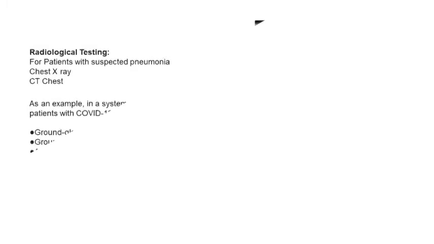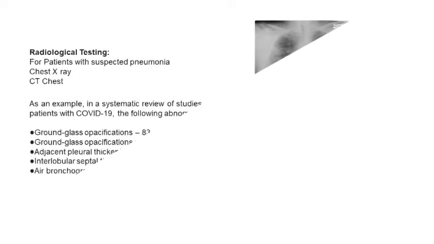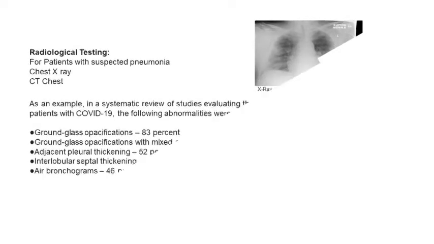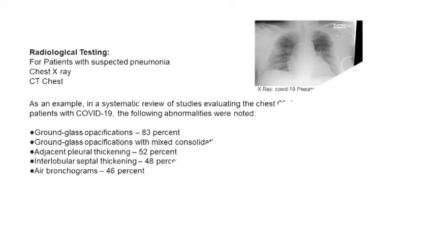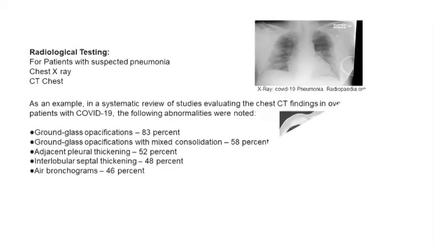Regarding the CT chest, yes, it is more sensitive than the chest X-ray, but it is not recommended as the first step. Usually the CT scan shows ground glass appearance bilaterally. A trial evaluated the chest CT findings in over 2,700 patients with COVID-19.